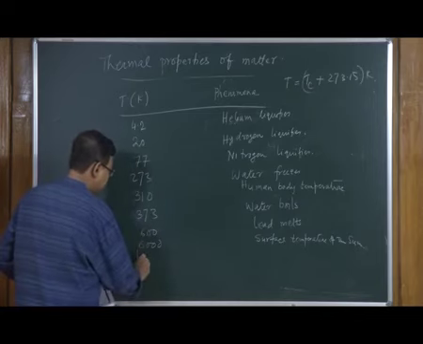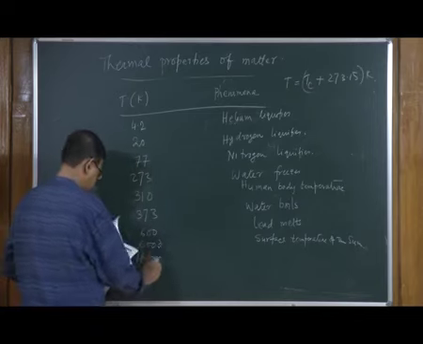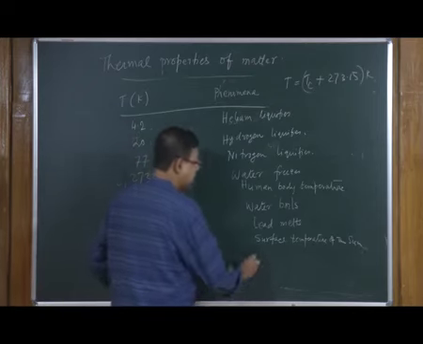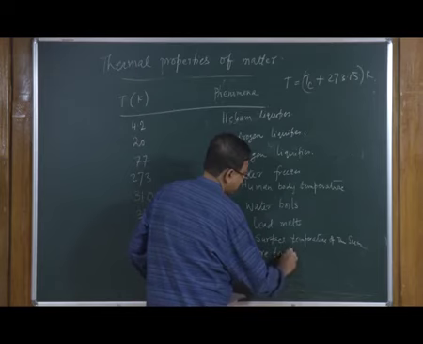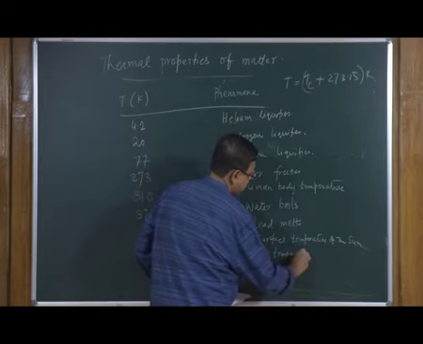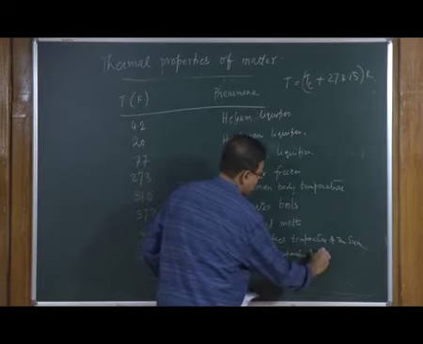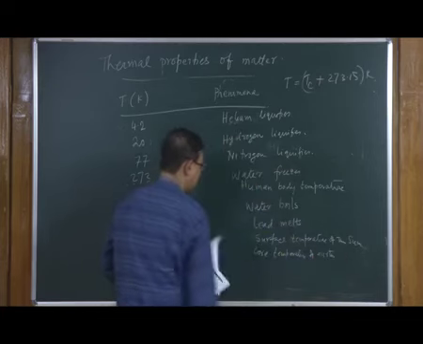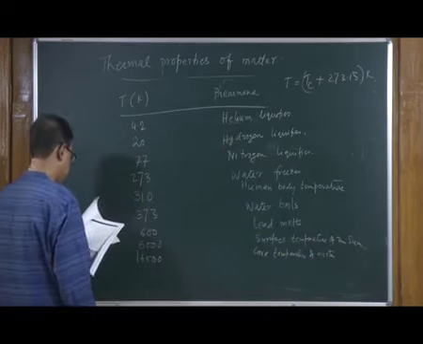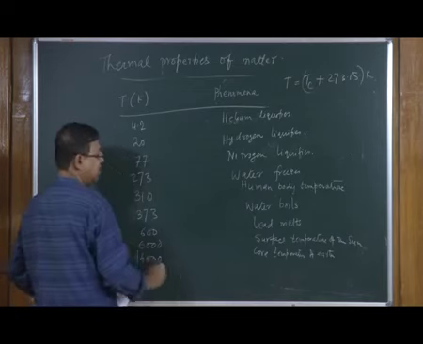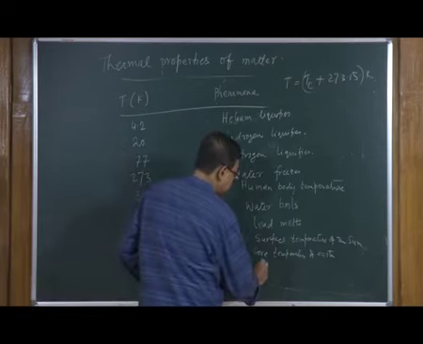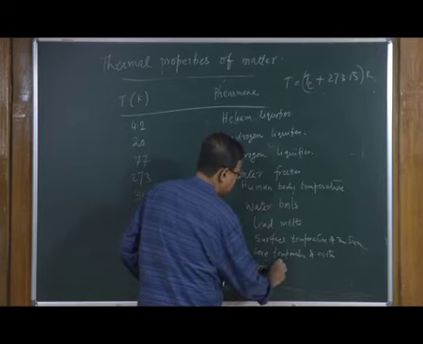16,000 Kelvin is the core temperature of earth. 10 to the power 7 Kelvin is the core temperature of sun.